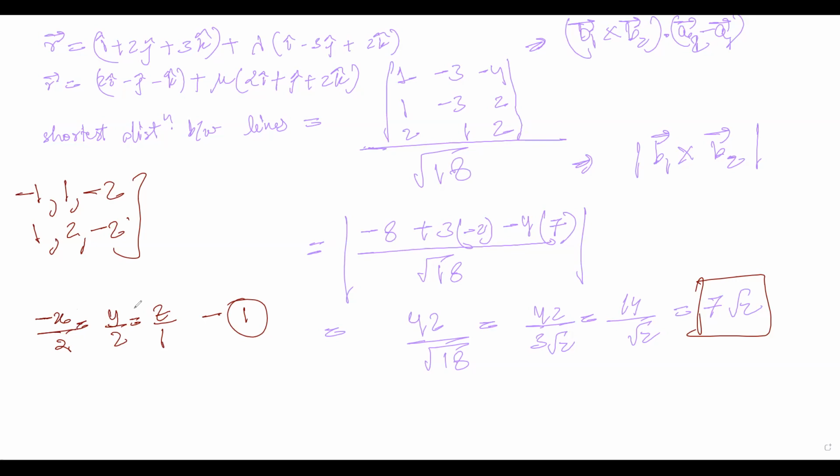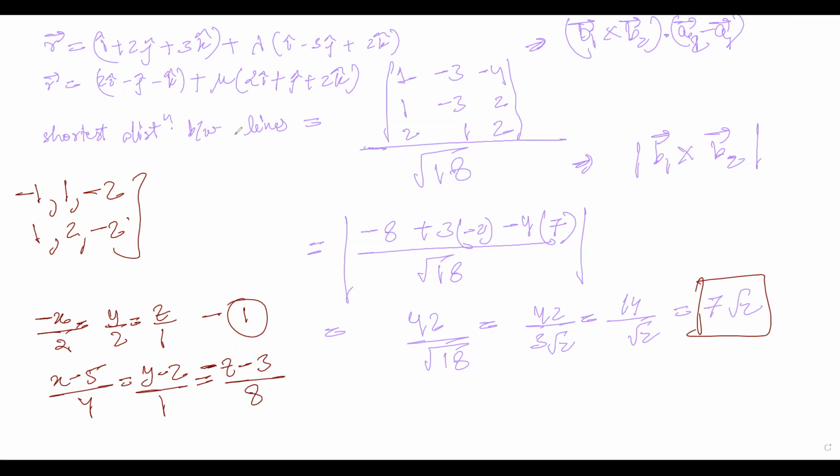This is a good question, a rather simple one. Change it to minus x by 2 is equals to y by 2 is equals to z by 1. Change the second part as well: x minus 5 divided by 4 is equals to y minus 2 divided by 1 is equals to z minus 3 divided by 8.